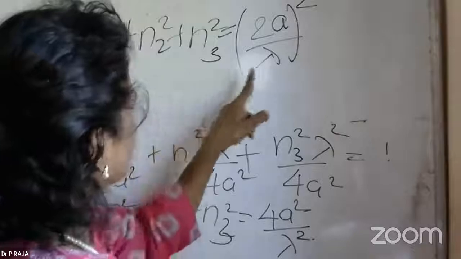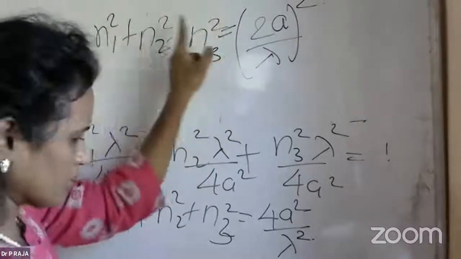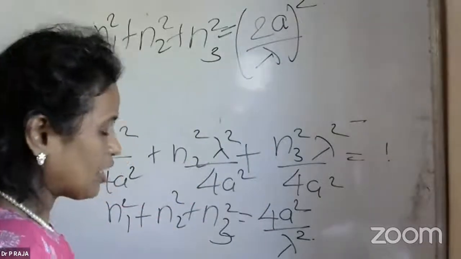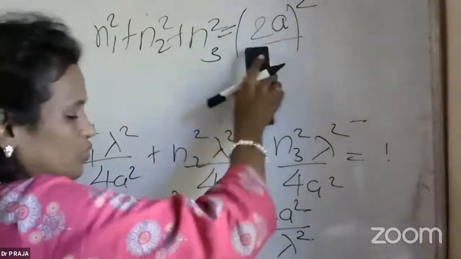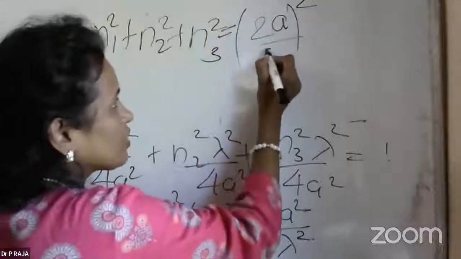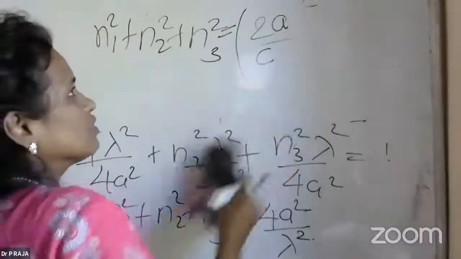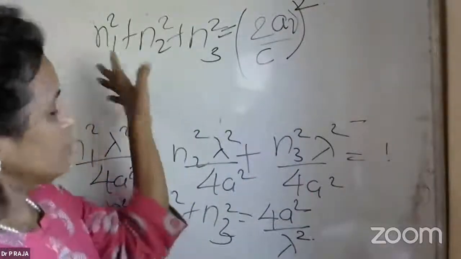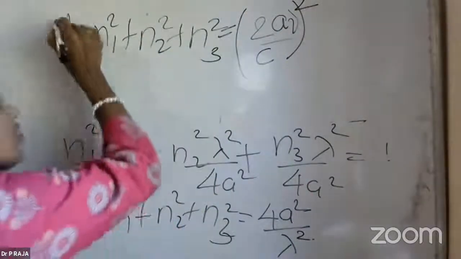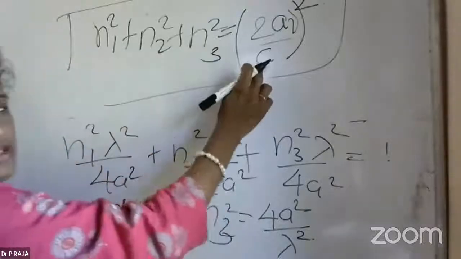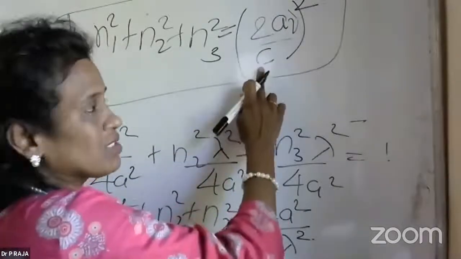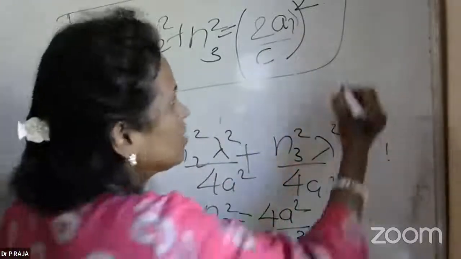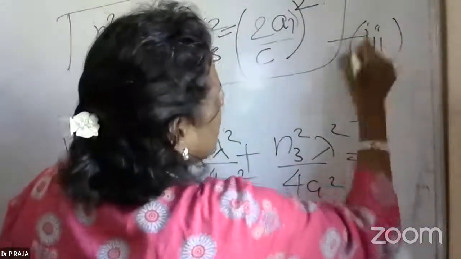Now remove the squares on both the sides, or you can now take it in terms of frequency. Lambda is going to be changed in terms of frequency, c and nu. So now we have come up with the equation. Earlier it was in the wavelength form. Now I've replaced it in the form of frequency because we are interested in frequency in Planck's hypothesis. So let me put this as equation number 3.